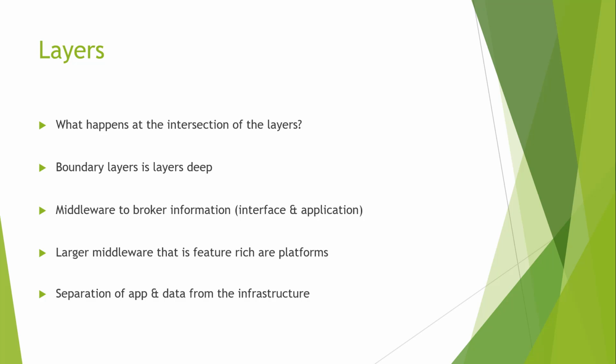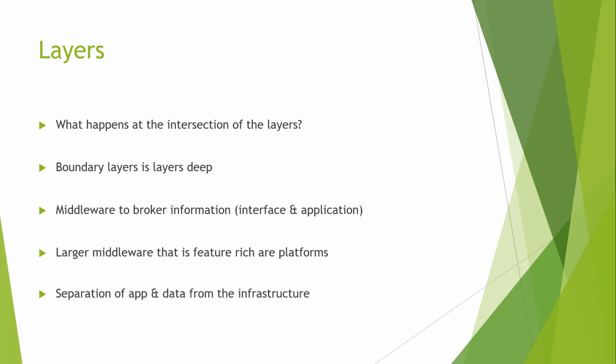If we're dealing with an application, we may have software called middleware, and this is used to broker information. This could also be the interface and the application of the software. It could be the front end of a web portal, could be the front end of a database. That's all going to be the middleware. The larger functions of middleware are actually very feature-rich platforms. You go to Amazon, you go to Google.